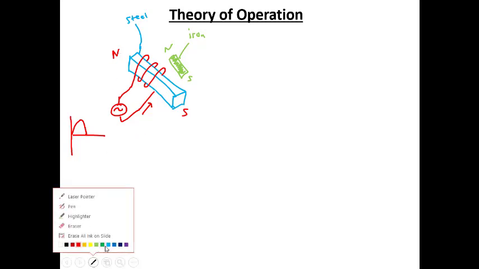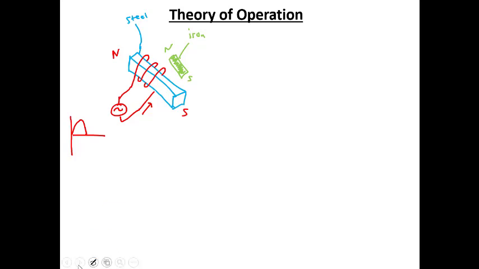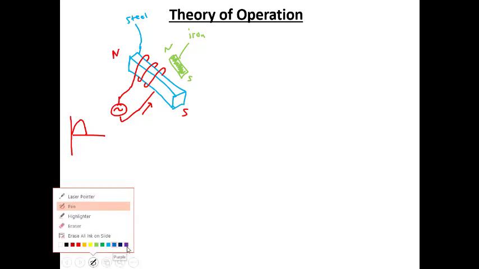And when the sine wave goes negative, we'll draw that in a different color here. When the sine wave goes negative, we would get a south pole here and a north pole here. And this is what we would use to demagnetize. So if I had a piece of iron that was magnetized, this would become demagnetized.